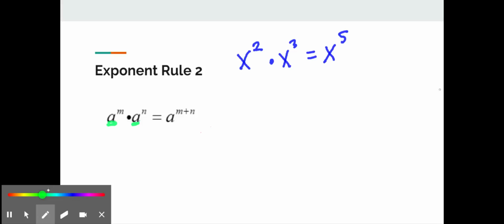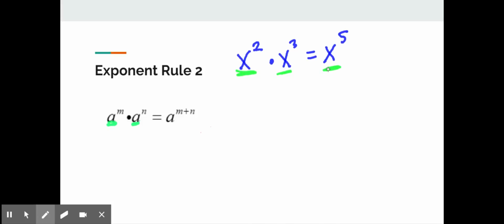Now, an example, and when you multiply and you have the same base, you're actually going to add those exponents together. So I could have x to the 2nd power and multiply that to x to the 3rd power. We are not going to do 2 times 3. We are going to make this x to the 5th power. Now again, this is only possible because we had the same base, and you keep that base with your response.